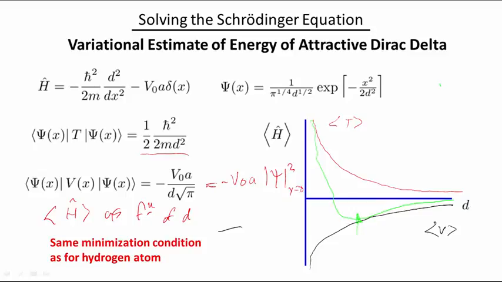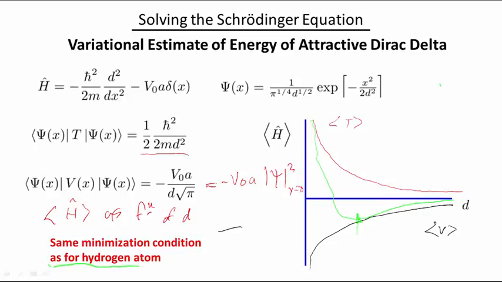So you just have to find the minimum as a function of d, the minimum value of the sum of these two terms. And that gives you the best choice of the scale parameter to estimate the energy of the attractive delta function.